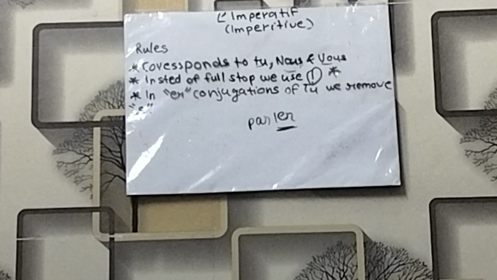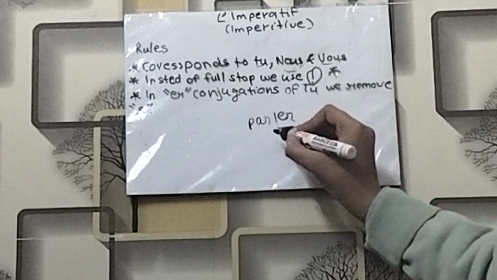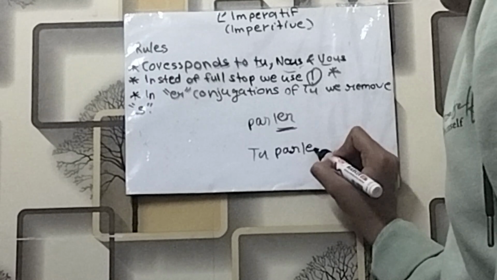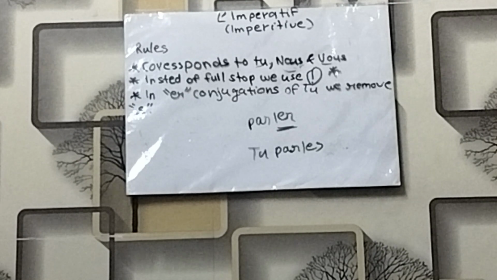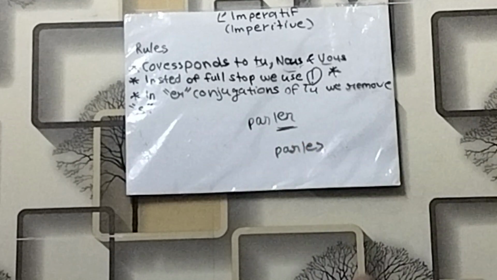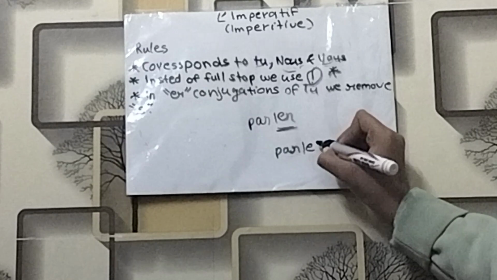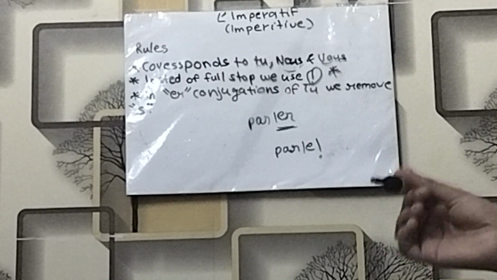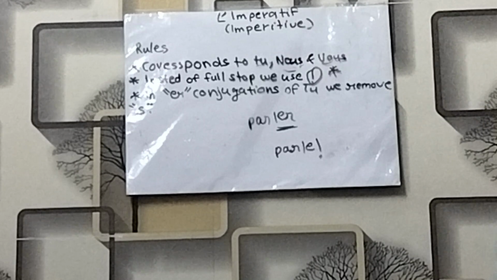In almost all the conjugations of ER verbs with tu, we always add an s at the end, and we write "tu parles." But whenever we make the imperative, we remove the subject pronoun, and we also remove the s because of this rule. We add the exclamation mark, so it becomes parle! These are the three most important rules. Let's do an exercise to understand this better.